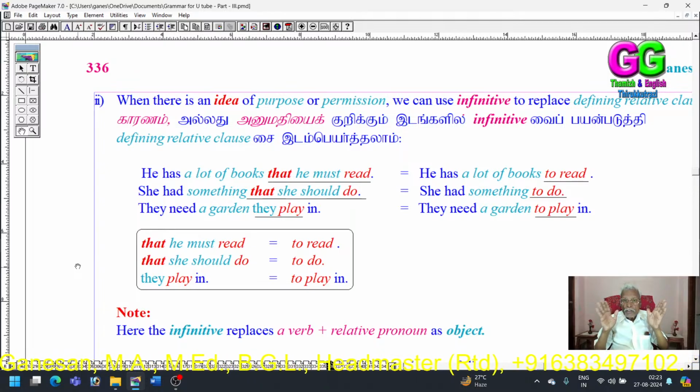So, regarding the infinitive, where we can replace a relative clause.